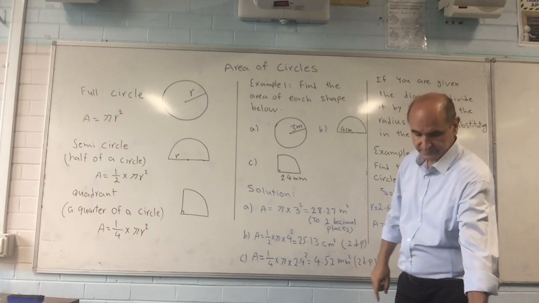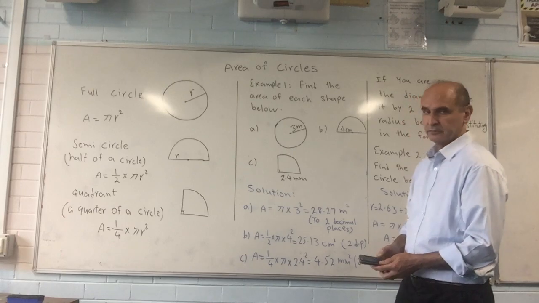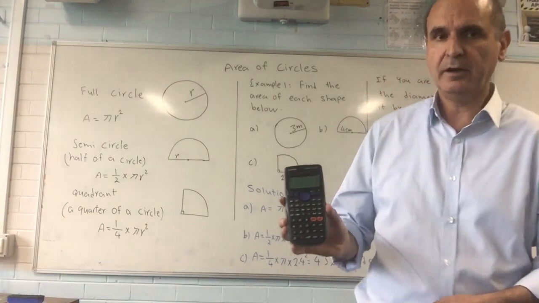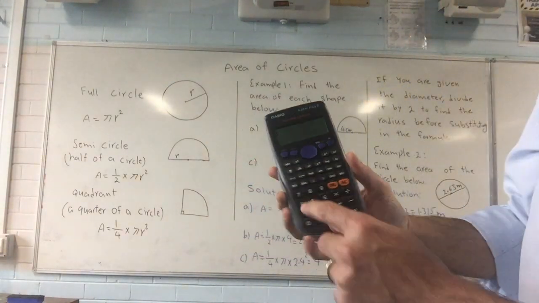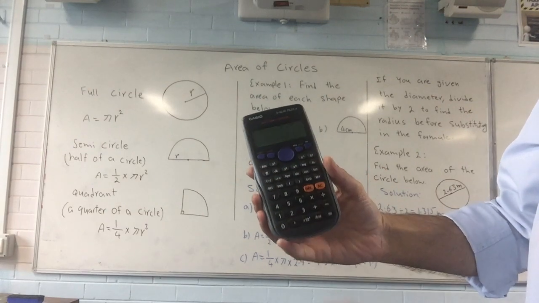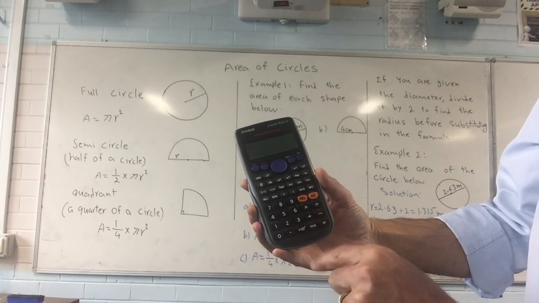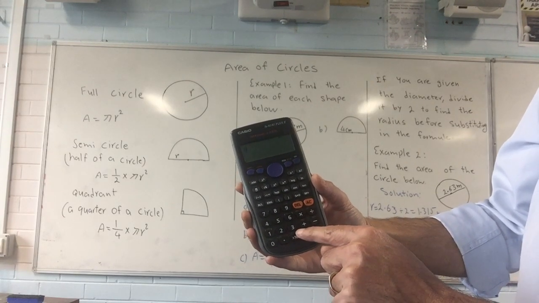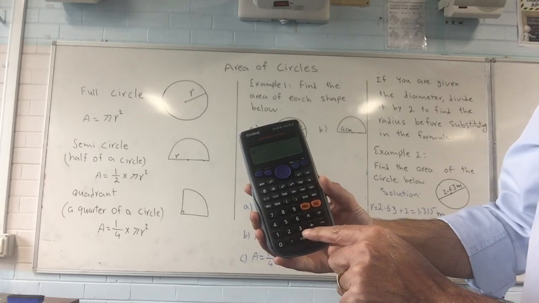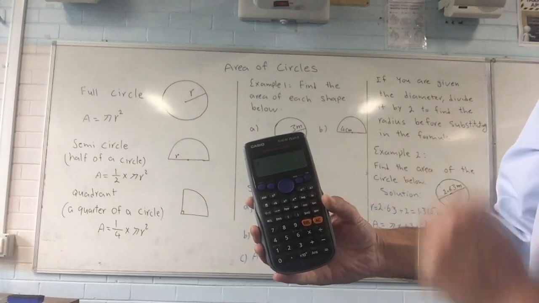To find this, if you're using a Casio calculator, to find the number pi, you need to press on shift here at the top, and then you will see right in the middle at the bottom there is this pi sign written in yellow color, and you will see the number pi there.